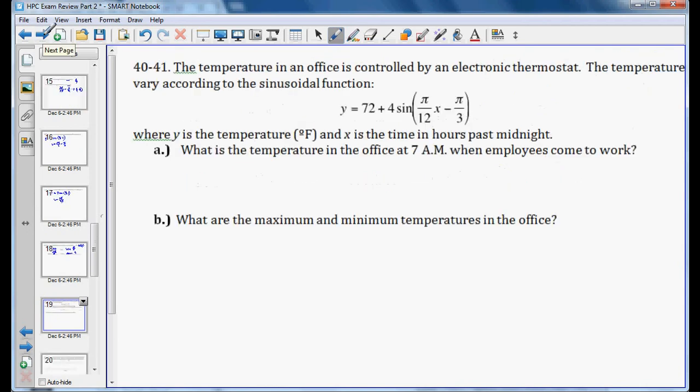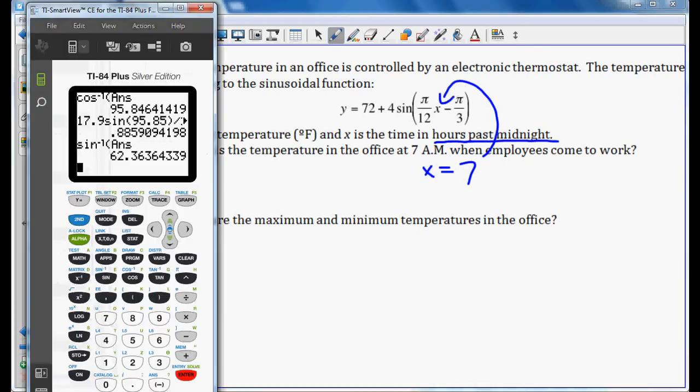So we're just going to plug this into this equation. 72 plus 4 sine of pi over 12 times 4 minus pi over 3. Now, there's one thing I have wrong here. I'm still in degree mode, and I need to be in radian mode. So let's change the mode to radian.